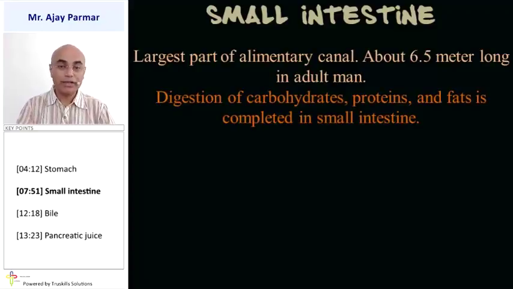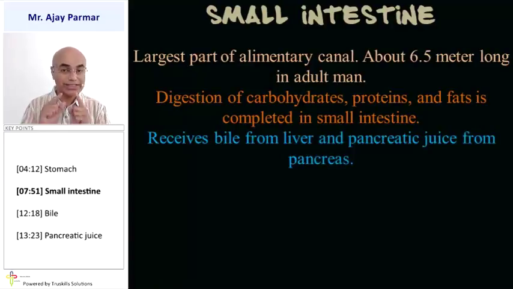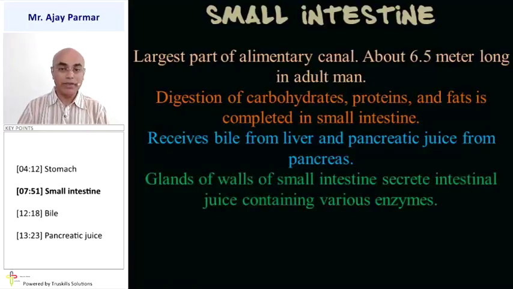The digestion of carbohydrates, proteins and fats is completed in the small intestine. It is this small intestine which receives bile from the liver and pancreatic juice from the pancreas. The glands of the walls of the small intestine secrete intestinal juice, which contains a large number of enzymes, and these enzymes are responsible for the completion of digestion.